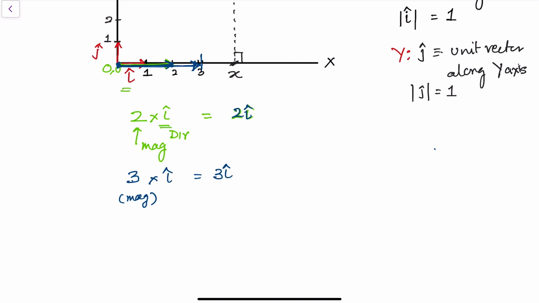So if I want a vector, suppose, which is of the length x. Let me remove all these other vectors. I want a vector which is of the length x.